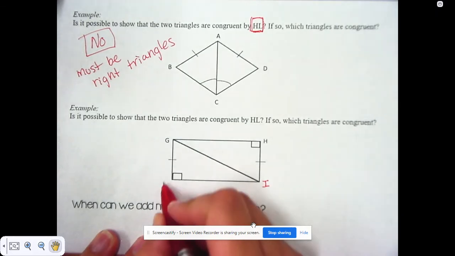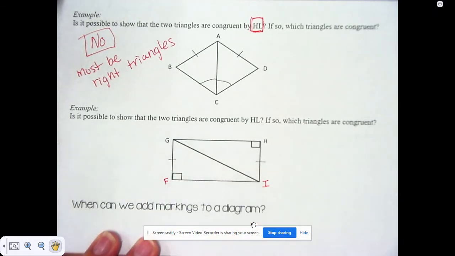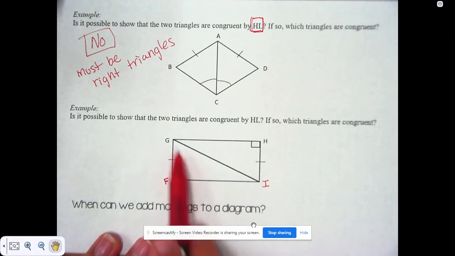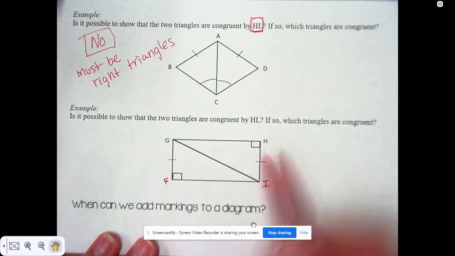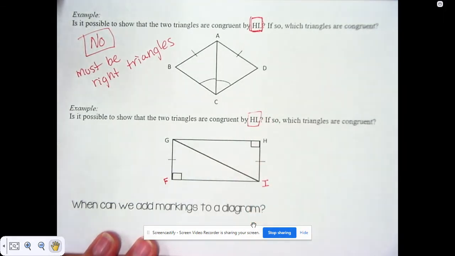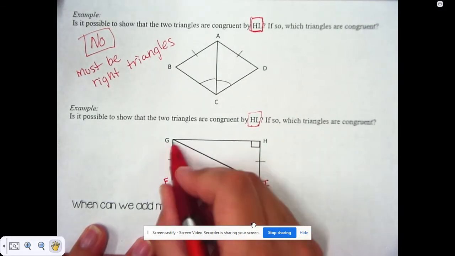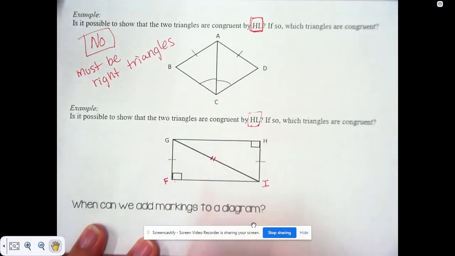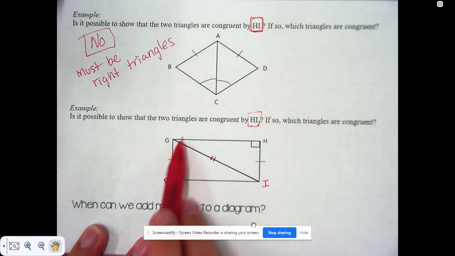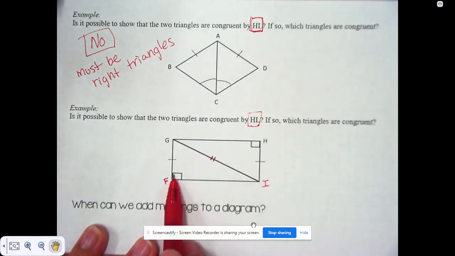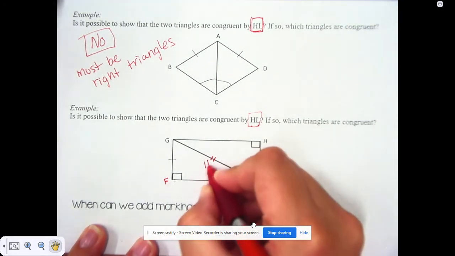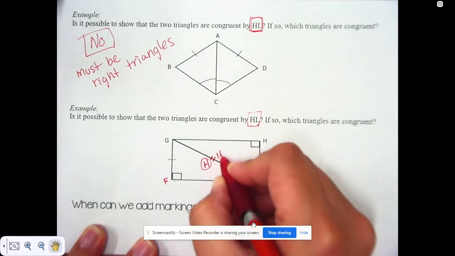And over here on this right angle, let's put an F. I noticed that these two are right triangles, so it is possible for us to do this, but we need to make sure we actually have the hypotenuses the same and the legs the same. This is a shared side, so let's mark it. Would that shared side represent a hypotenuse or a leg? A hypotenuse. So our hypotenuse in both is the same.